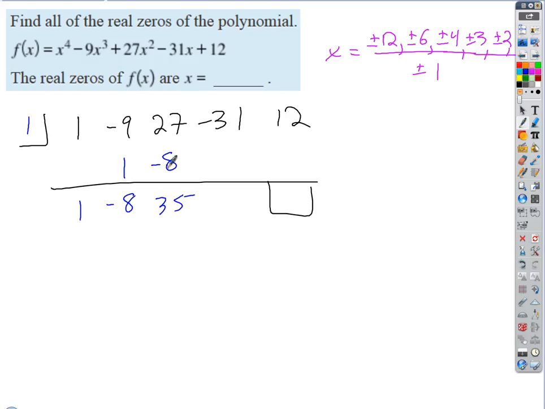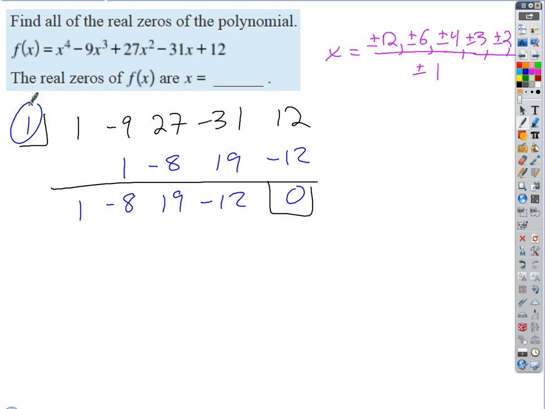That might work then, huh? 1 times 19 is 19. -31 and 19 is what? -12. 1 times -12 is -12. Okay, so, wow, that's great. We found one. That worked. Okay, so 1 was a solution.